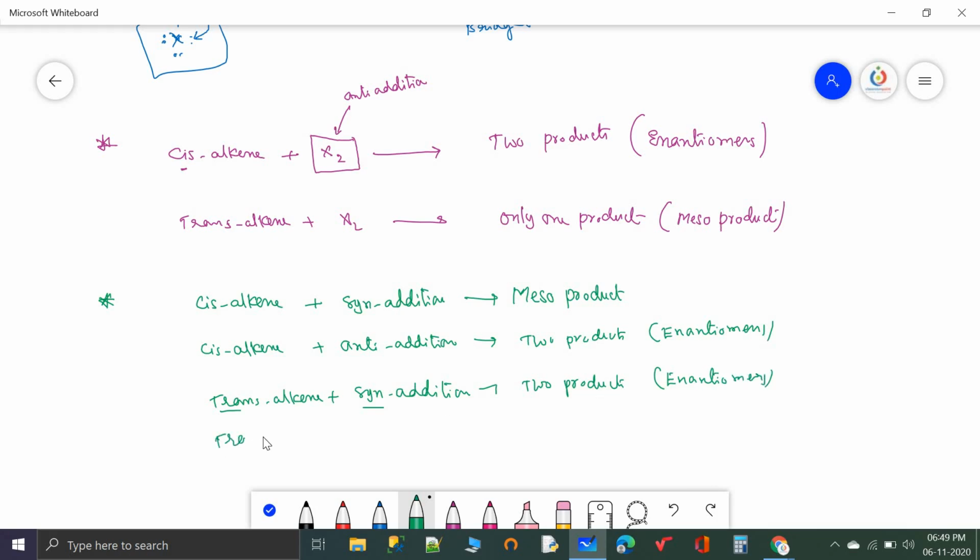And you take the trans-alkene and anti-addition is there. Both are anti now, so how many products are we going to get? Only one product. That is also only a meso product. So this is what you have to remember throughout the alkenes lesson. It is better to always remember. It is also easy to remember how many products you are going to get.